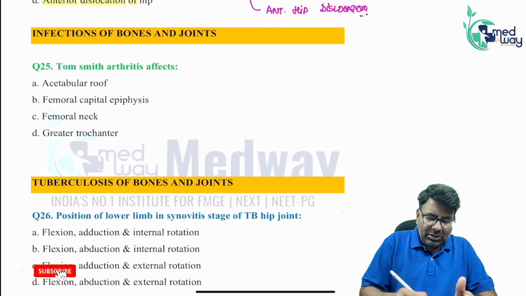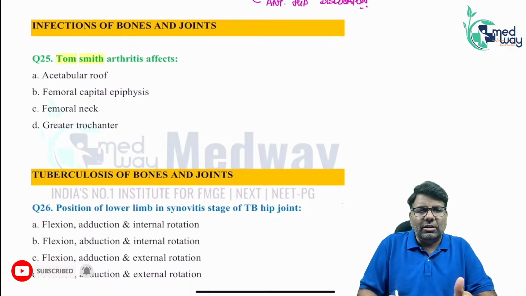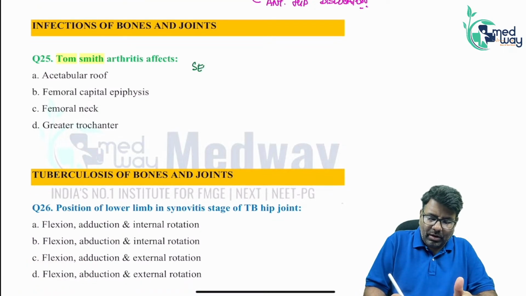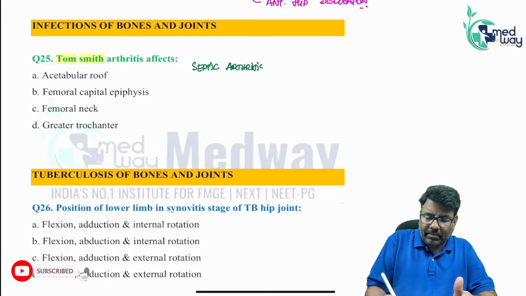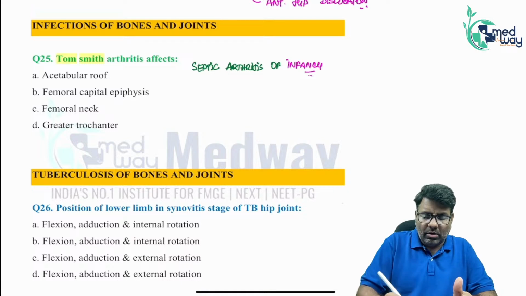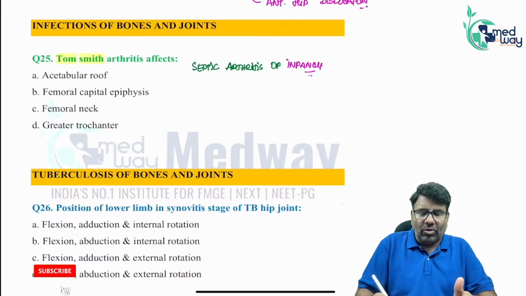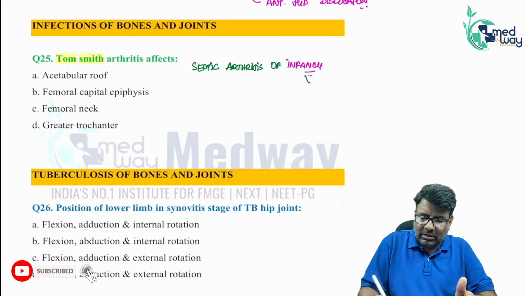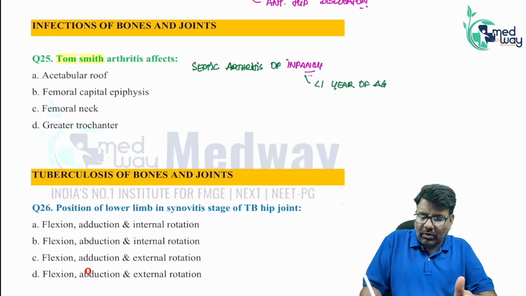Then Tom Smith's arthritis. Now this condition is also known as septic arthritis of infant of the hip joint. Infancy, I think all of you must know, is less than 1 year of age of the child.